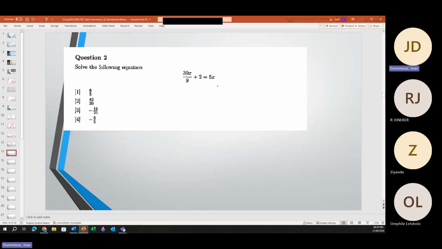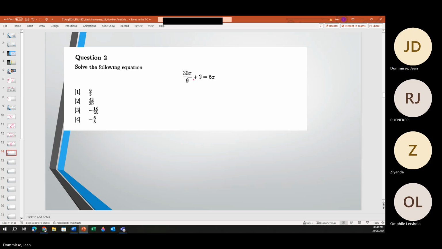What they can also give you is an equation like this, where there's a fraction and the others don't have a fraction, where you can first try to simplify this.